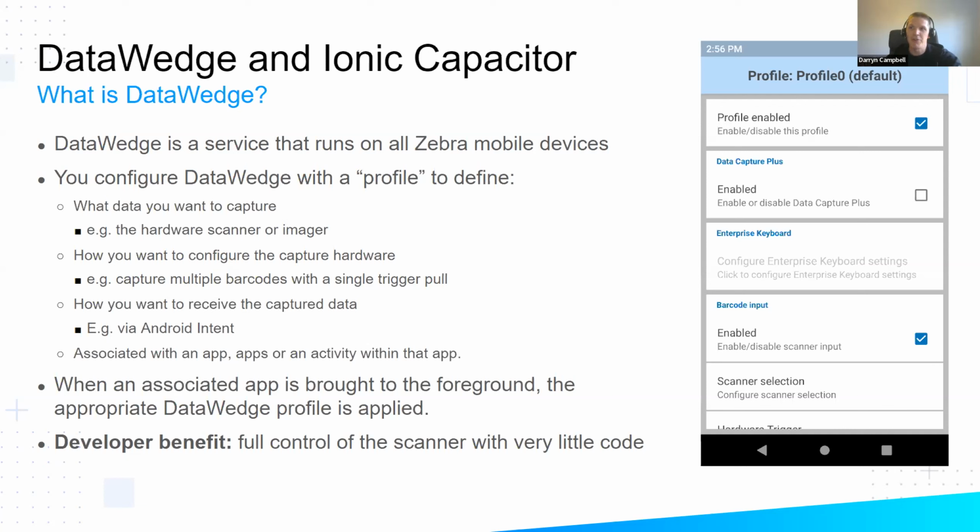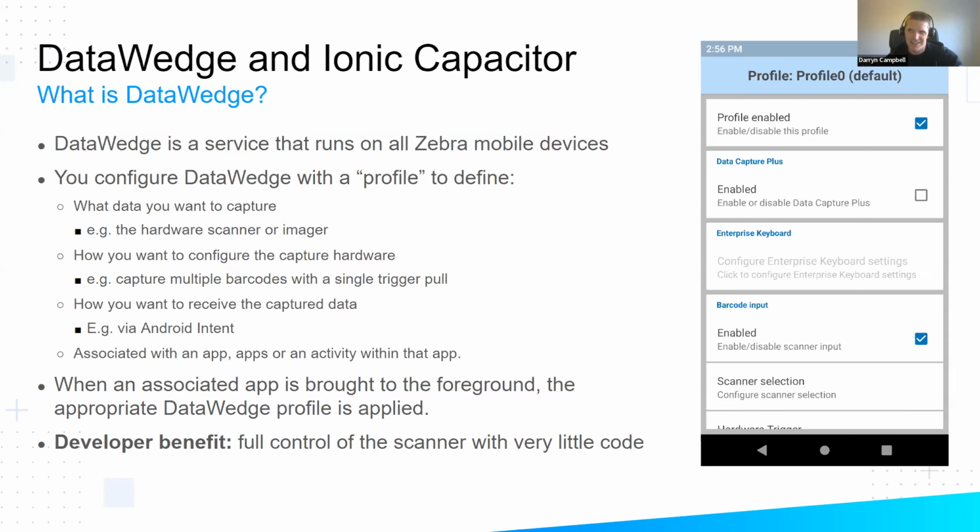And then, how do you want your application to receive that data? In the past, years ago, you would probably have been injecting keystrokes into your app. So you scan the barcode and you would listen to on key down and say, okay, I'll get 5, 6, 7, 8, whatever the barcode is.